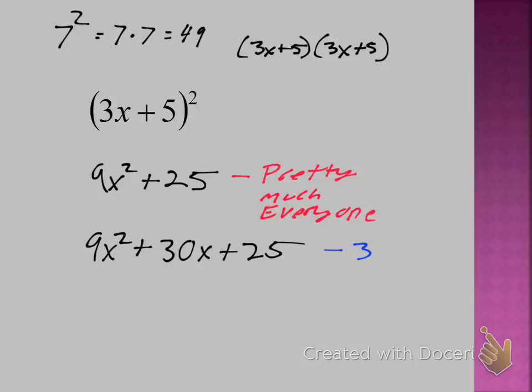Those of you that put this, what are you thinking? Distribute the exponent. Why do you think that's what you do? What's triggering in your head? You're thinking 3x quantity squared.